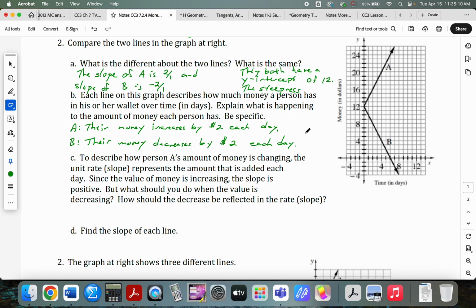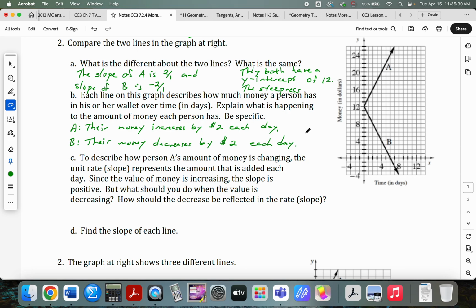So, I don't know, maybe they're buying something each day that costs $2. Or maybe person A is a bully and they're taking $2 from the other person each day. Or maybe they're an entrepreneur, selling them something, and then they make a profit and B bought the product and loses money from it. Yeah, there are lots of things that could be going on here.